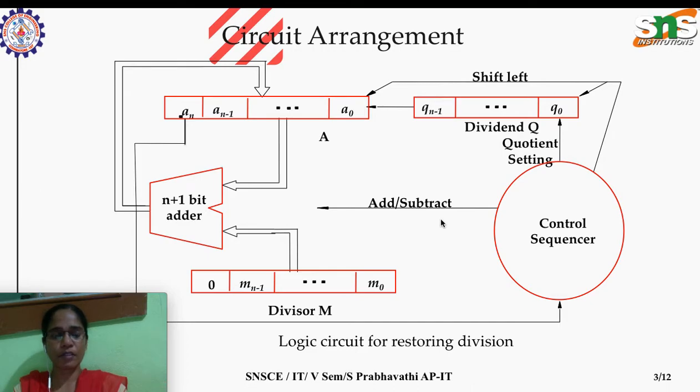Otherwise, if the remainder is 0 or positive, we will be subtracting. So for that the appropriate control has to be generated, whether we are doing addition or subtraction. Normally in division we carry out shift left.